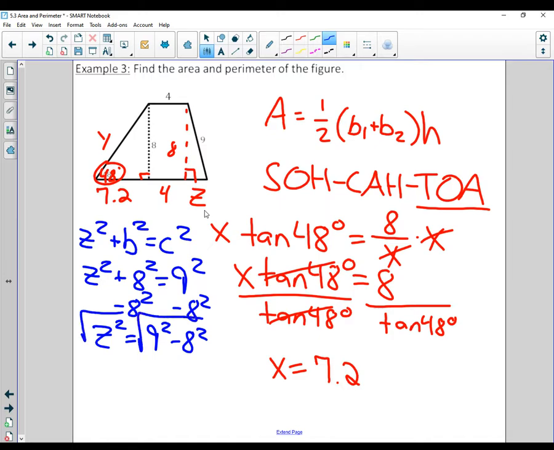Take the square root of both sides. We don't have to put a plus or minus because we can't have a negative side length. And again, something you can just throw into your calculator. We're going to get 4.1, rounding.